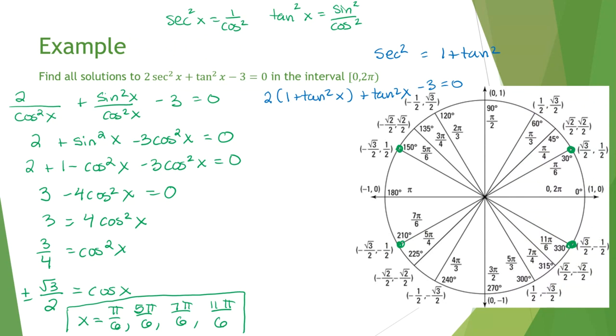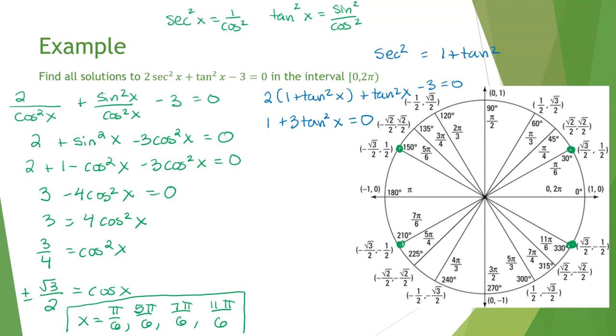Okay, so that will give us 2. I'm going to try to distribute and simplify at the same time just because I'm limited on space. So when I multiply, I'd have 2 and then minus 3, so that's a 1. And then we get 2 tangent squared x plus tangent squared x is 3 tangent squared x equals 0.